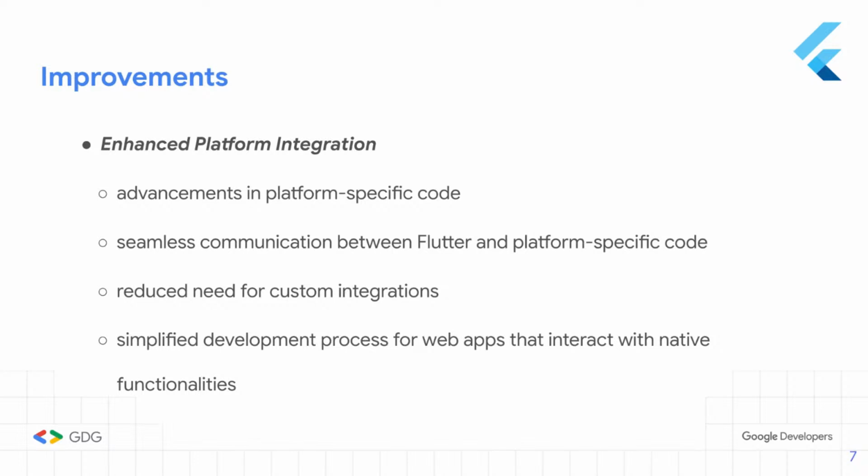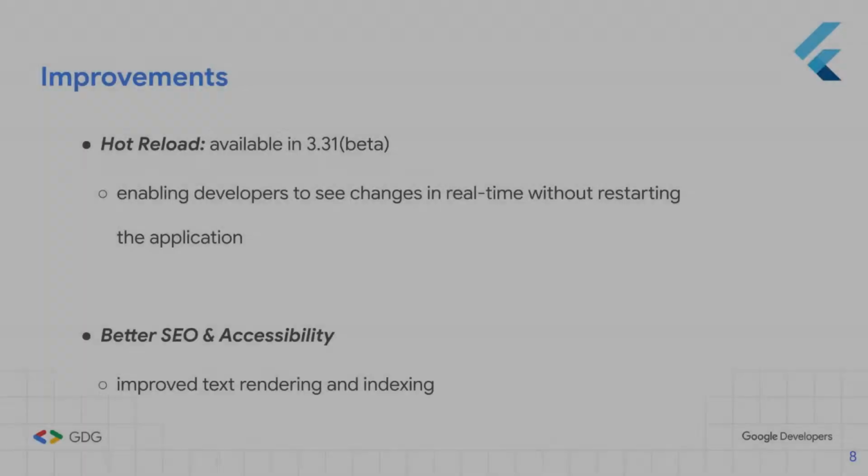So something that is beyond the capability of Flutter can be achieved by adding platform specific code. You can even start by adding something very basic, like adding code to access the alarm feature of Android. So you can write code for that and see how that works. So when Flutter is enhancing the platform integration, we should also try and see how it's going to benefit us. So that is about enhanced platform integration.